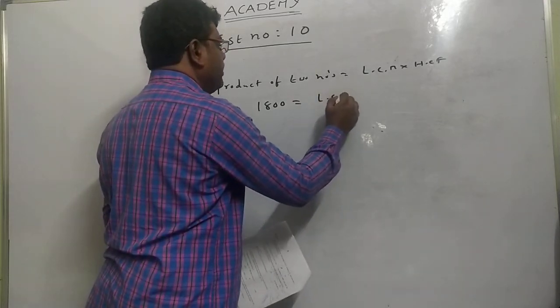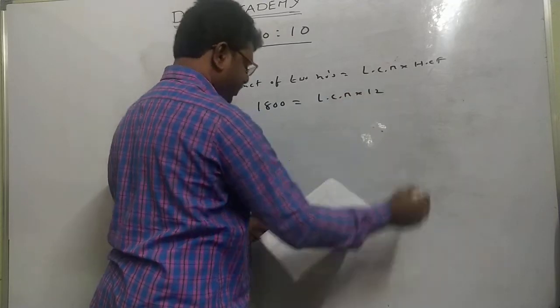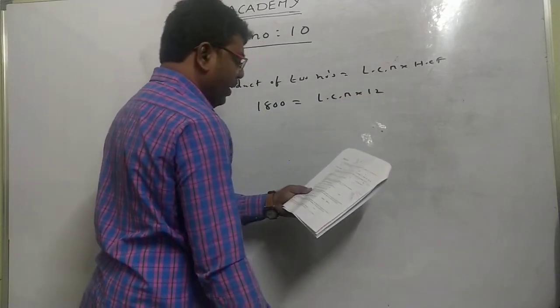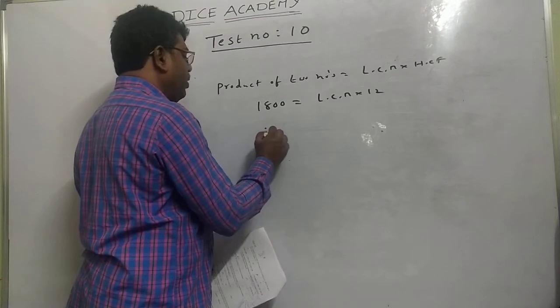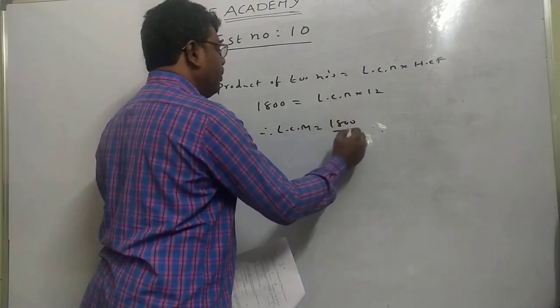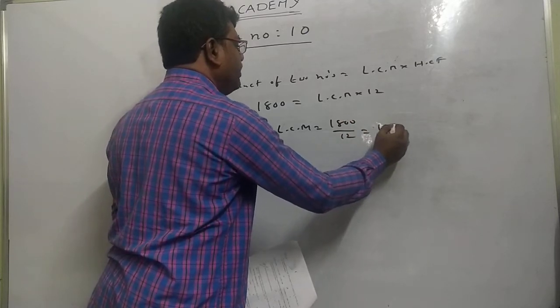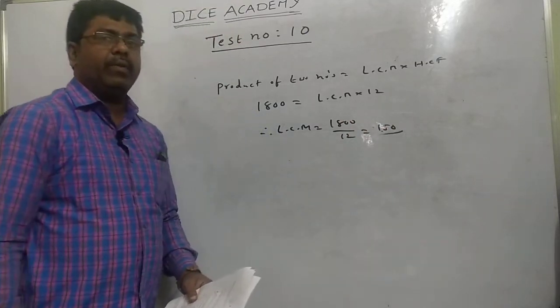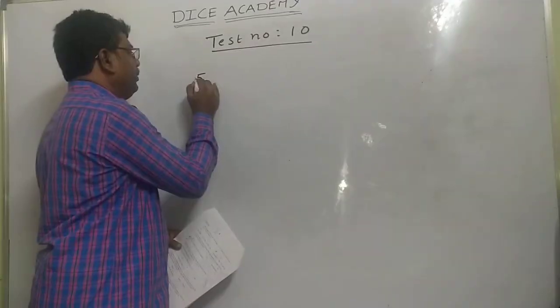So we have to find the LCM. Therefore 1800 by 12, the value of LCM is nothing but 150. 150 is the required answer.